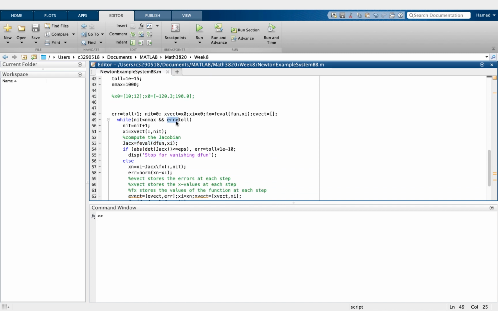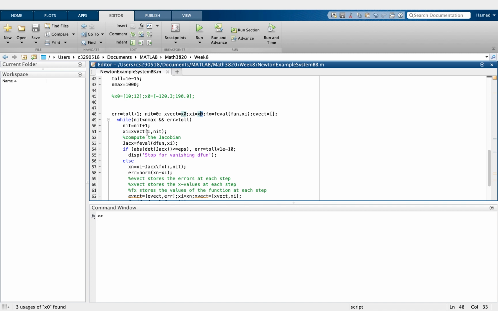Now, as usual, we continue our loop until the error is less than the tolerance. We start the loop by setting nit equal to nit plus 1, and we set xi to be equal to the x vector. So nit is the number of the column.